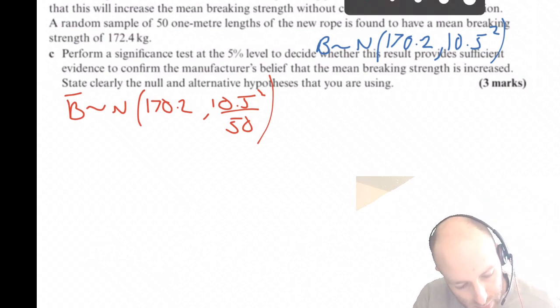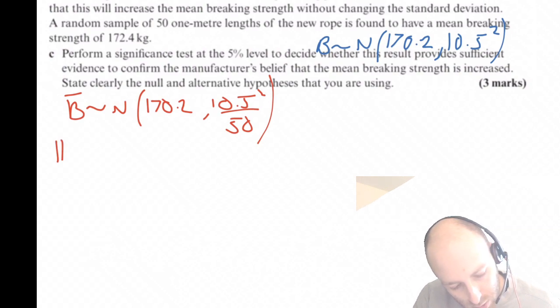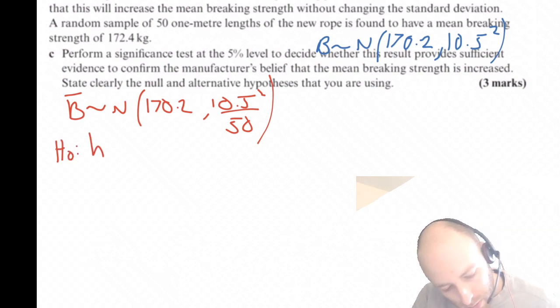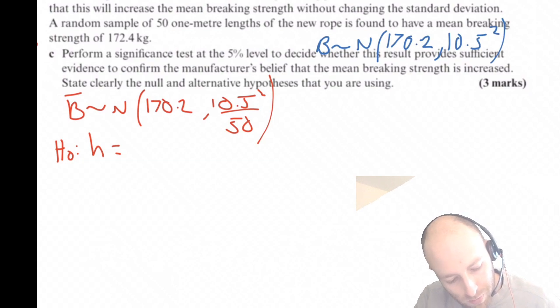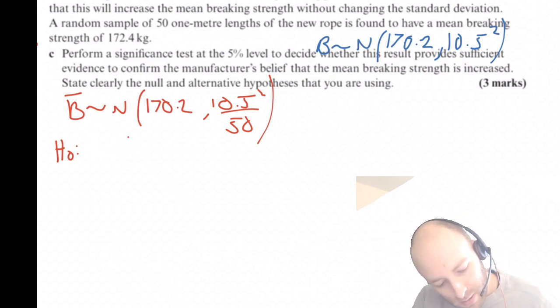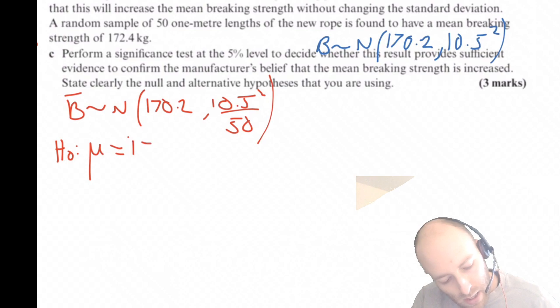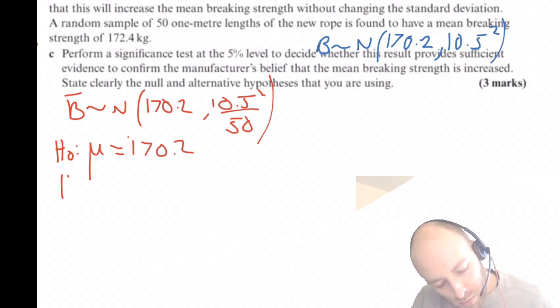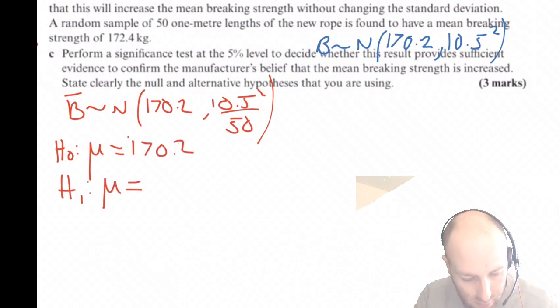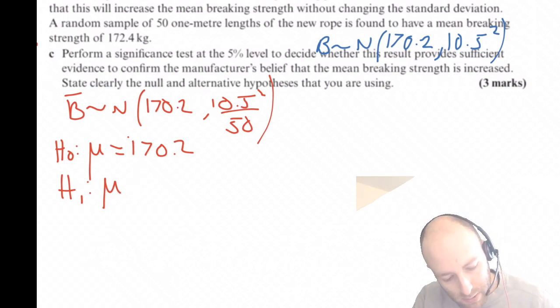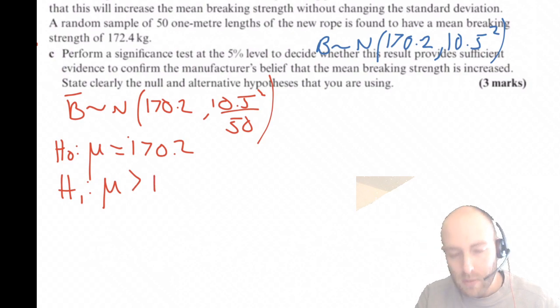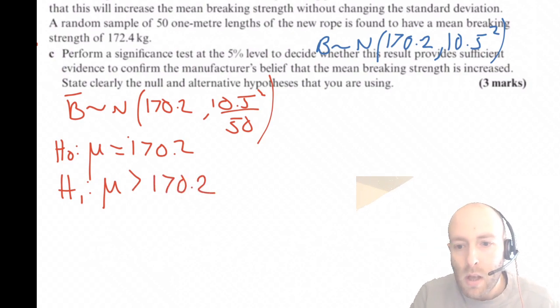So our null hypothesis, H0, is going to be mu equals 170.2. And H1, mu is not... Oh wait, was it less? Yeah. Increased. So mu is greater than 170.2.